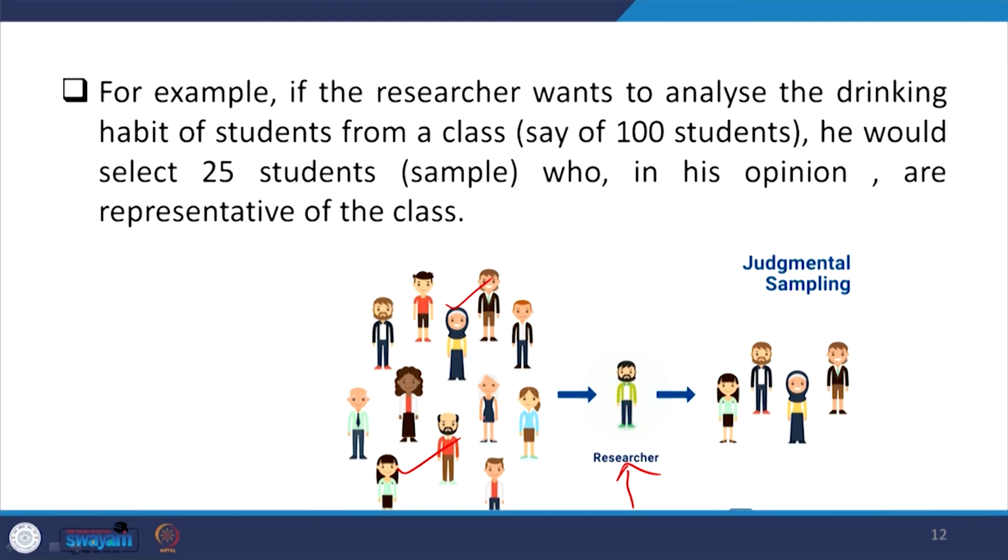For example, if the researcher wants to analyze the drinking habits of students from a particular class, let it be there are 100 students, and the researcher wanted to select 25 students as a sample. In his opinion, those in the class who are representative are actually selected.